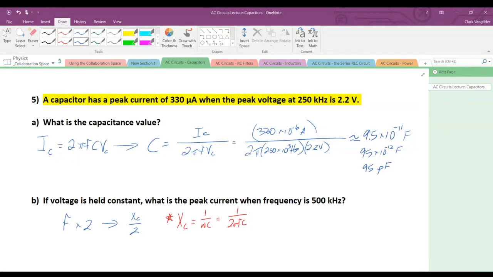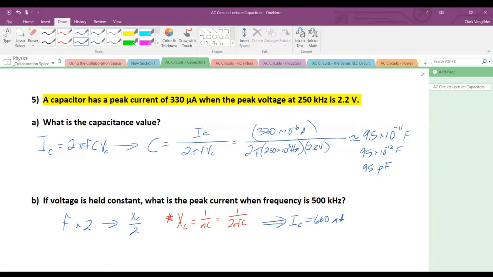So our answer would mean peak current would double, and you would have 660 microamps instead of 330. All right, so that is kind of the mini lecture on capacitors.